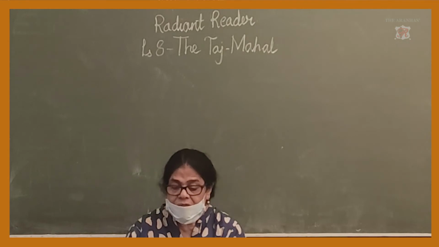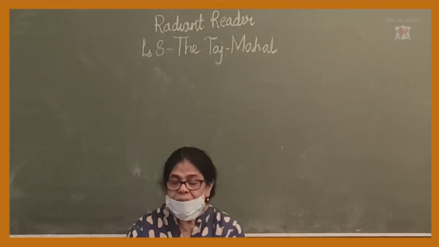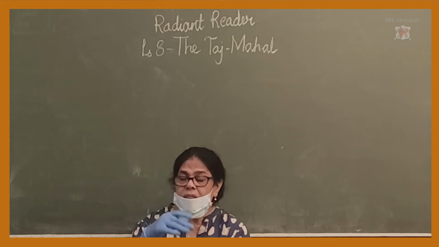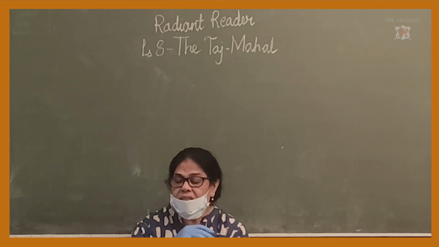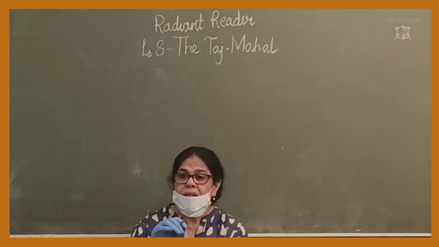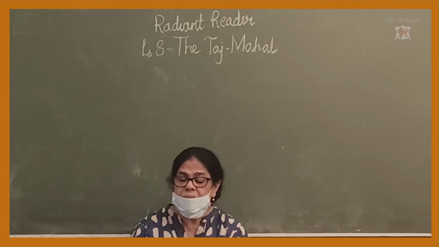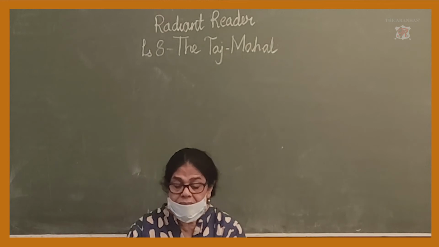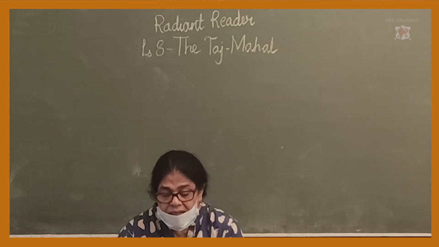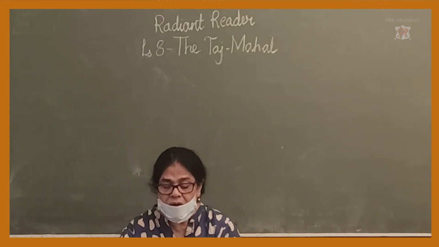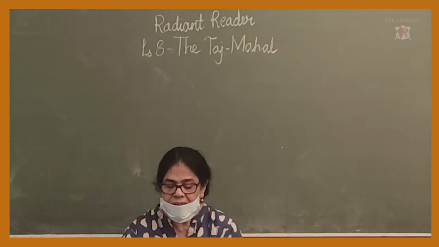Upon that of the queen, amid wreaths of flowers, passages from the Quran are worked in black letter. So where the queen's tomb is, there are wreaths of flowers that are made in mosaic, and they've used mosaic to write passages from the Quran in black letters.